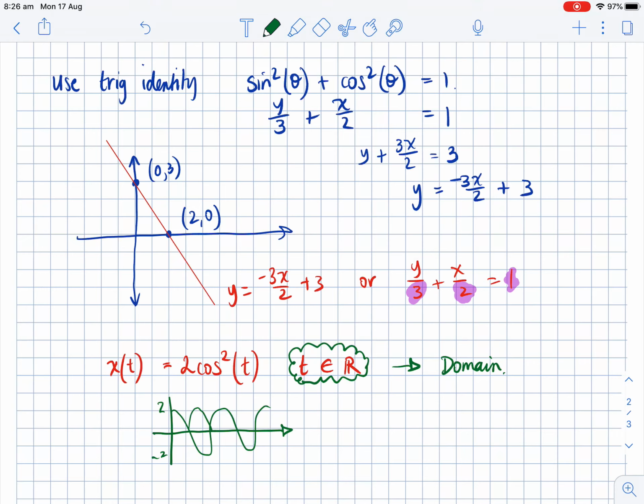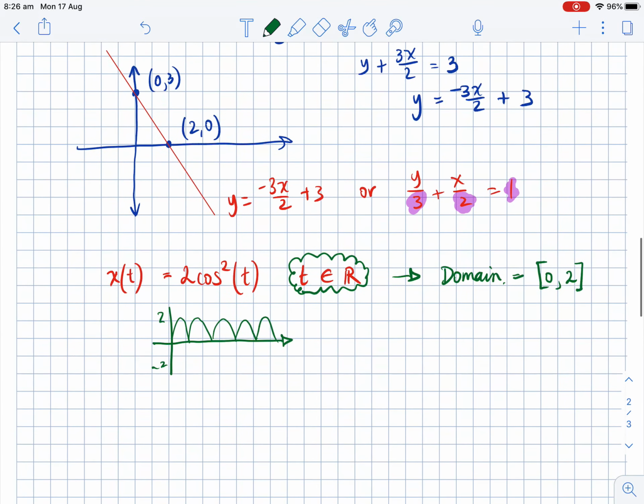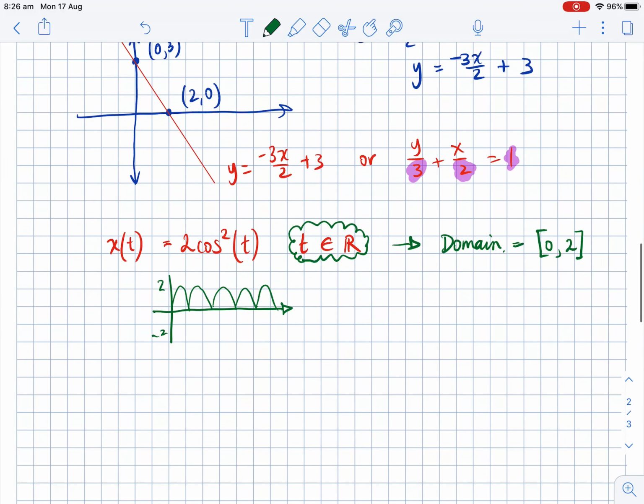So my graph becomes all of these positive values. So my range of this expression, which becomes the domain of the Cartesian equation, is from 0 up until 2. Okay, so there's the x values which form the domain.